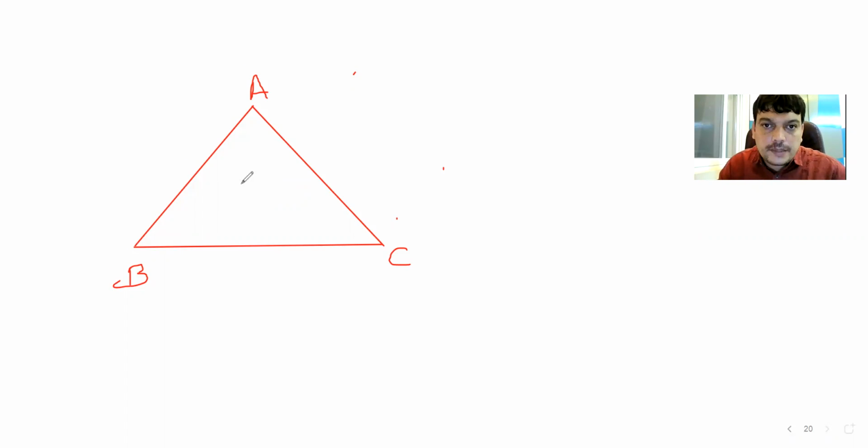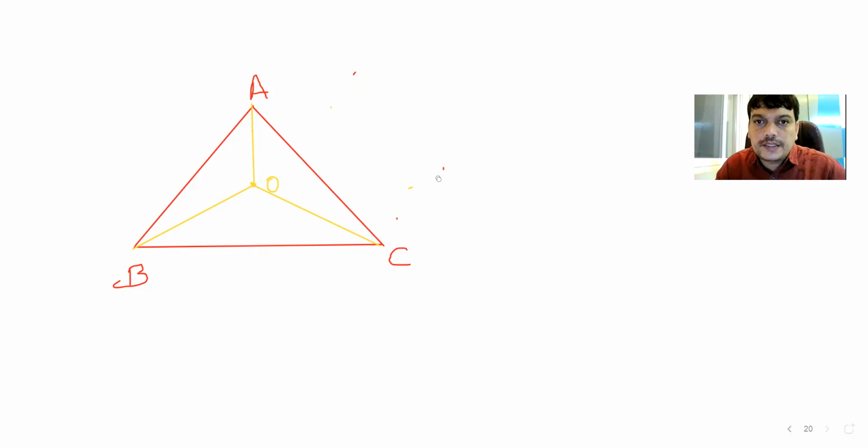Let me mark that point as O. And it is joined with A, then also joined with B, and it's also joined with C like this. So this is the diagram. O need not be the centroid or circumcentre. It's any random point chosen inside.